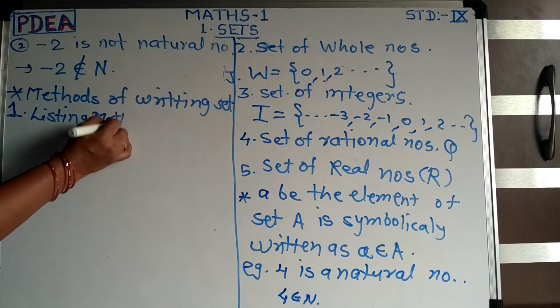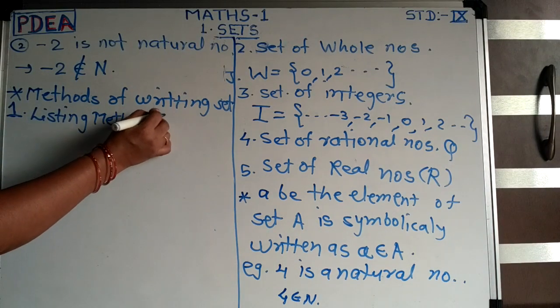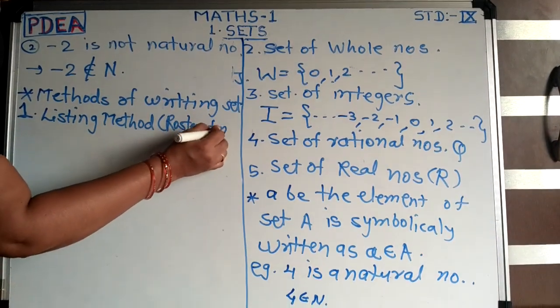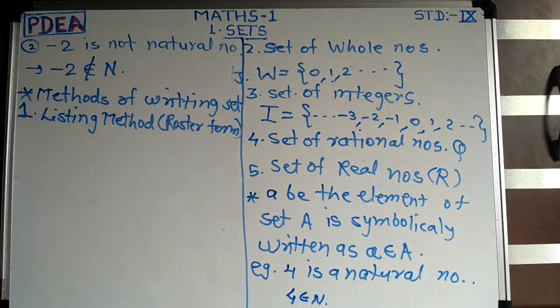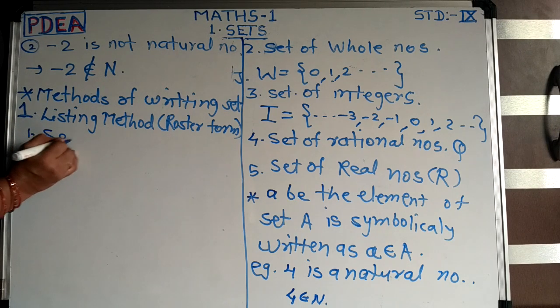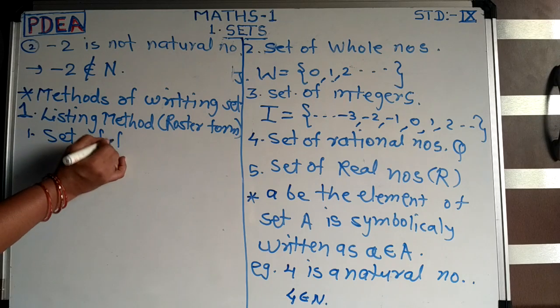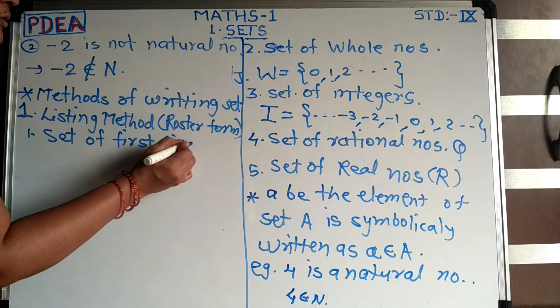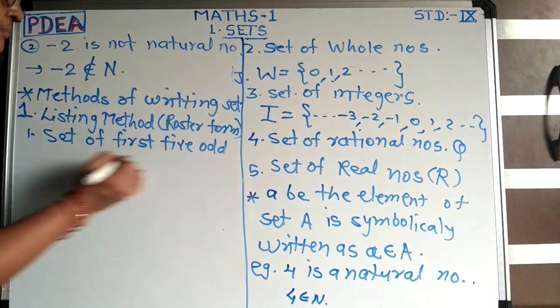It is also called roster form. Now how to write a set by the listing method? For example, the set of first 5 odd numbers.